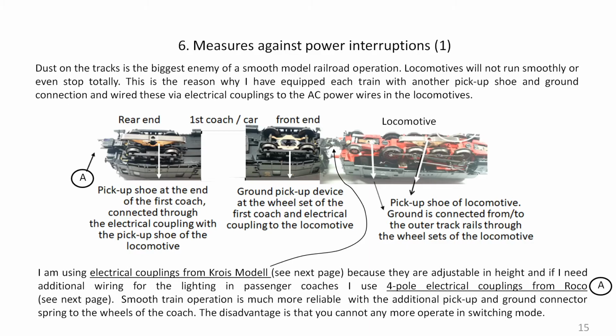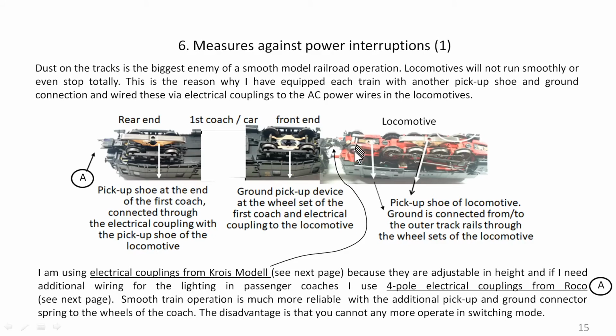To avoid this, I have equipped each train, regardless of whether it's a passenger train or a freight train, with an electrical coupling between the locomotive and the cars or coaches. And in the following cars, here it is the first car directly after the locomotive, I have another ground spring and another pickup shoe. So you see here the pickup shoe of the locomotive, and you see here a little bit of copper, that's a spring touching the axle of the wheels.